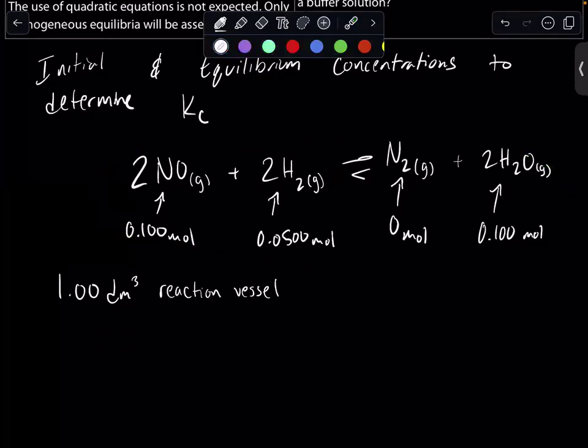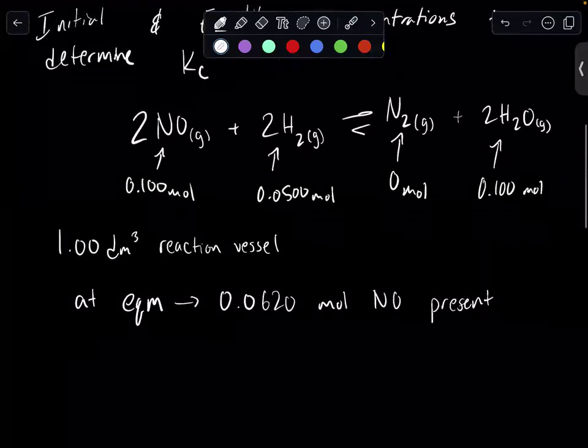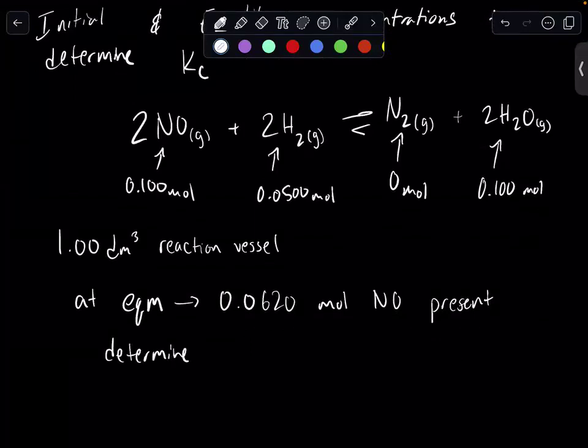Well, eventually at completion, so at equilibrium, which I'll just abbreviate EQM, we find that we have 0.0620 mole of NO present. Using this value, we are going to determine Kc for the reaction, our equilibrium constant for the reaction.